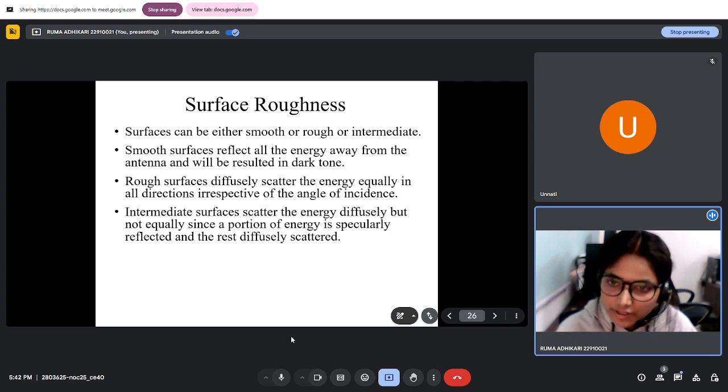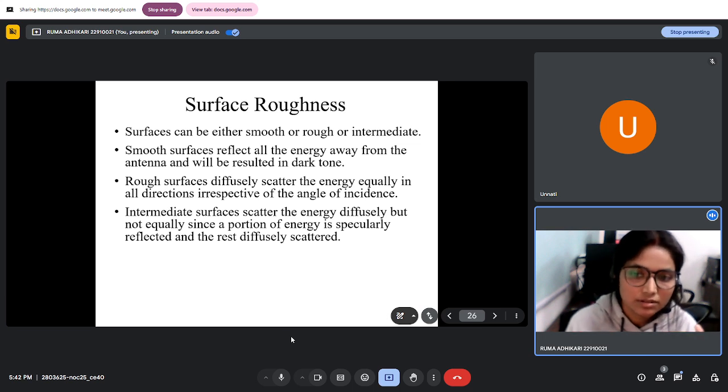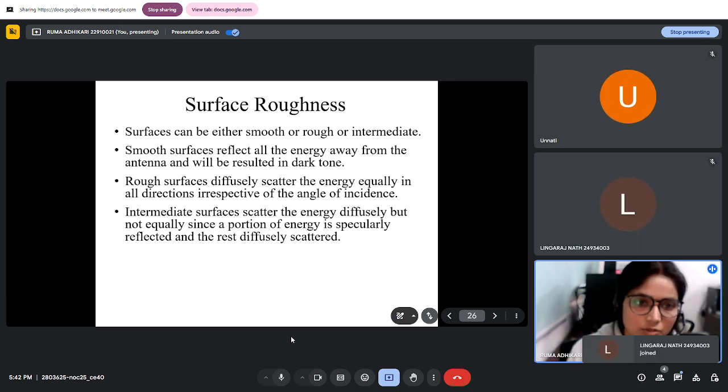Smooth surfaces reflect all the energy away from the antenna and result in a dark tone. That happens for water. Rough surfaces diffusely scatter the energy equally in all directions, irrespective of the angle of incidence. So it will scatter the transmitted signal in all directions.